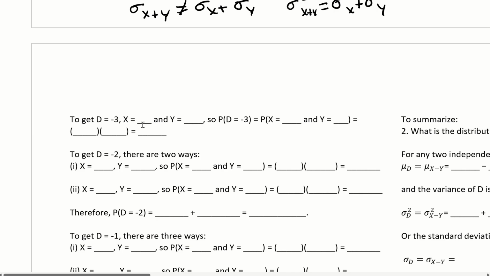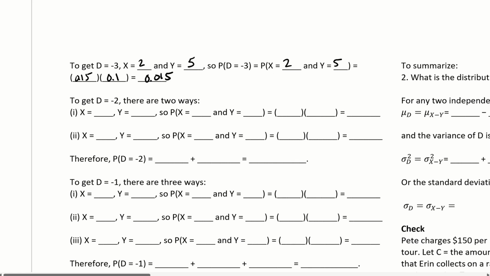To get d equals -3, what did we say we would have to use? We'd have to use 2 and 5, right? So the probability for Pete's x equals 2 is 0.15. For Aaron, y equals 5 was 0.1. Multiply those, you get 0.015. I'm going to go a little faster because we did this with the previous one.